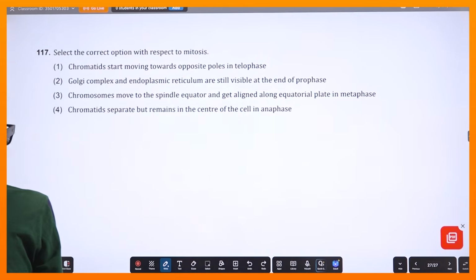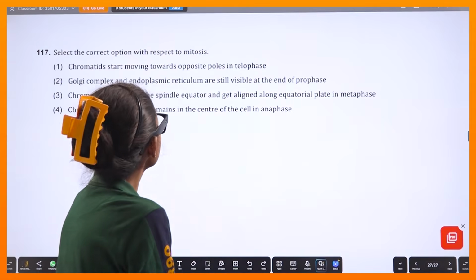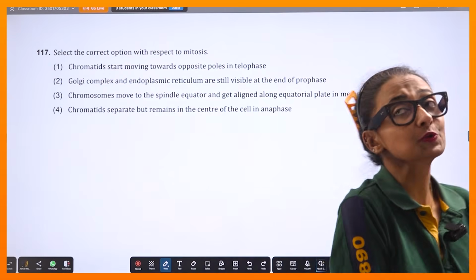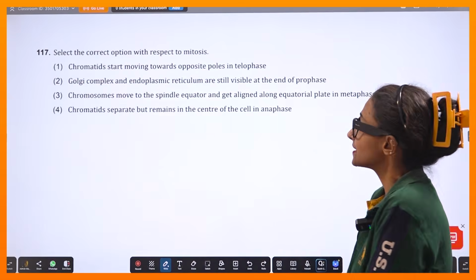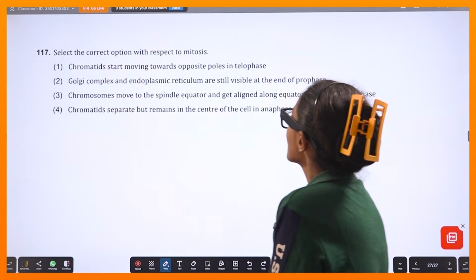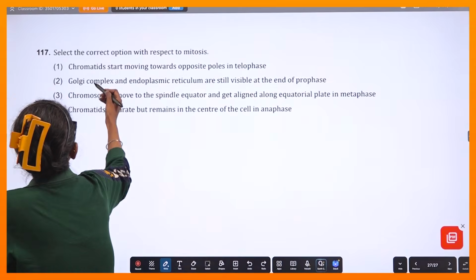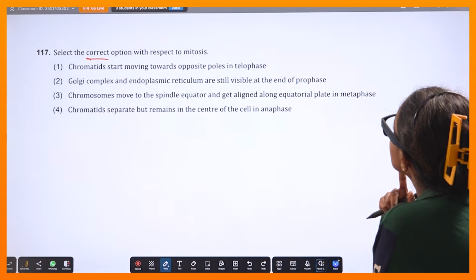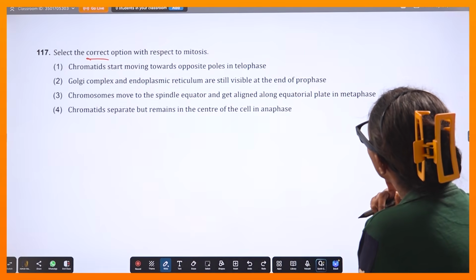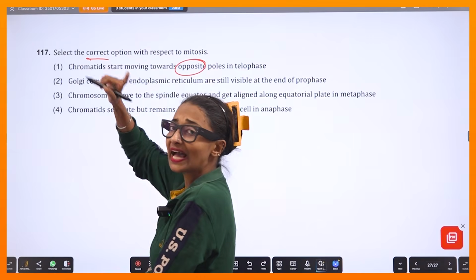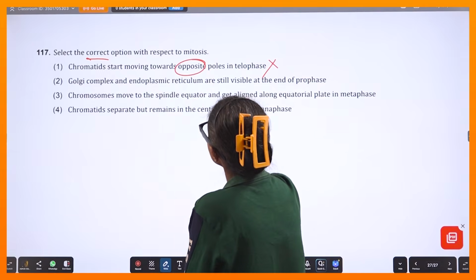Here they are saying select the correct option with respect to mitosis. I have to identify the correct one. Chromatids start moving towards the opposite poles in telophase. No, this will happen in anaphase, so false.